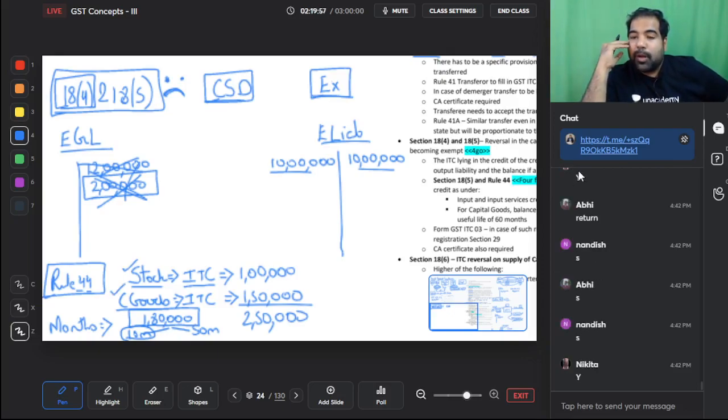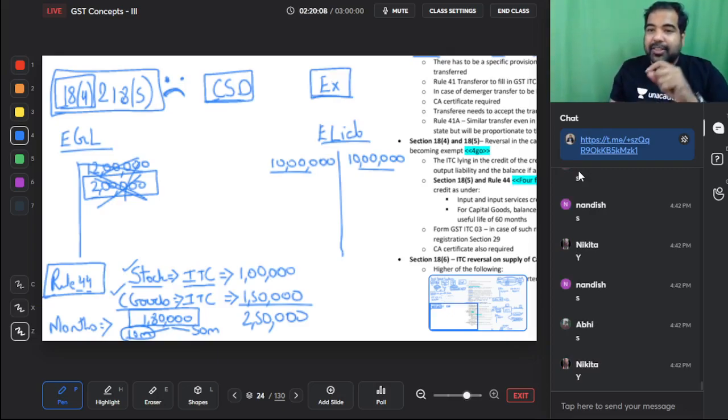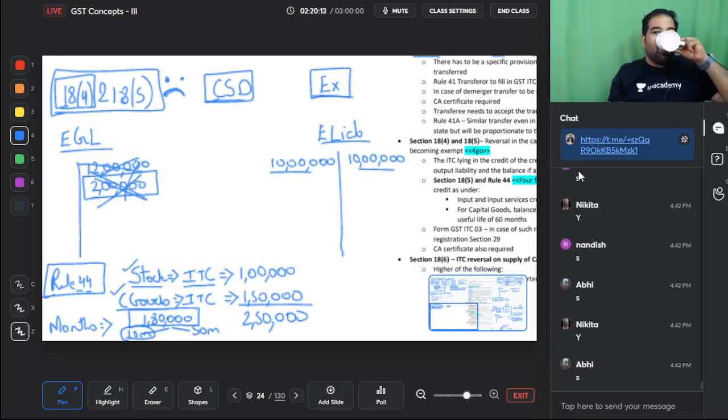Yes. But now that you're coming out of the scheme, will they take the credit back? Yes, they will take the credit back. But in case of capital goods, they will give you proportionate credit based on months. I hope you understand it better with this simple example of articleship. Perfect. Okay. Solves my purpose, solves yours.